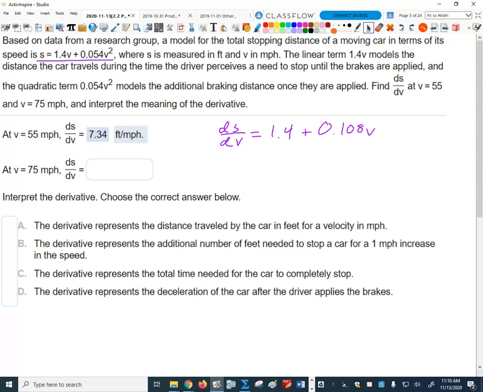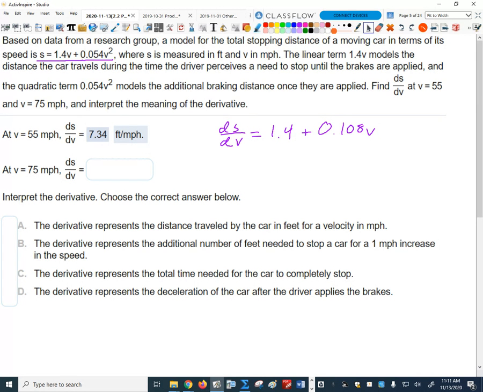That looks about right, doesn't it? Let's see, if I'm plugging in 55, just a little over a tenth of 55 is going to be like 6-ish, something like that, right? And then a little less than that, and then plus 1.4. Yeah, that seems about right. And look at the units. Feet per miles per hour.